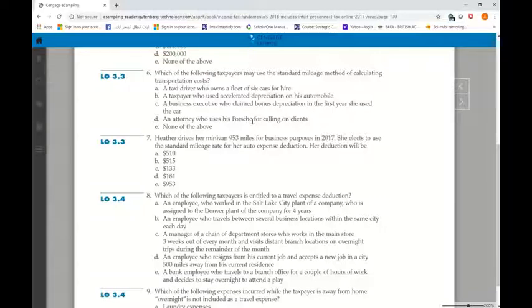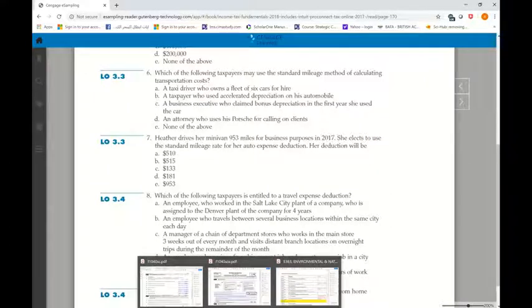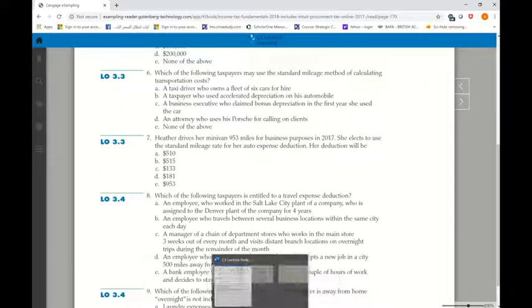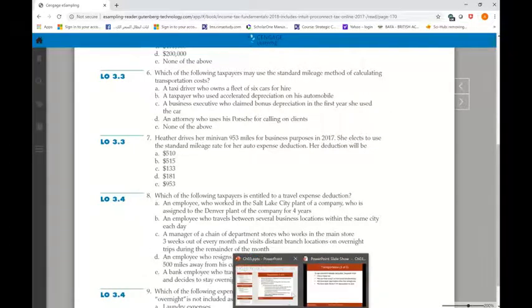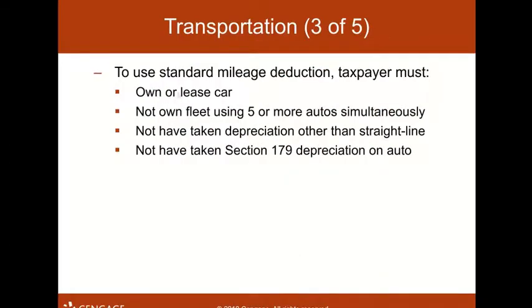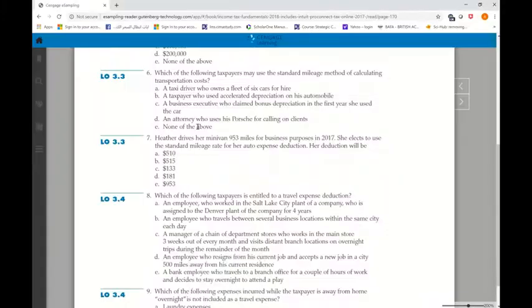It doesn't matter the type of car. It is a car used by the taxpayer in running the business, which is owned or leased. So the answer here is D.